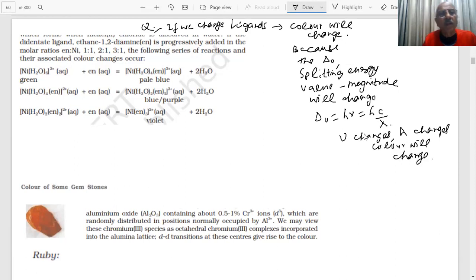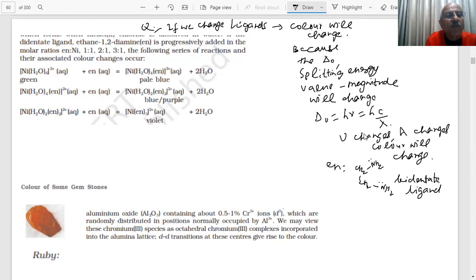Students, here is an example of that. This was asked in the paper. Ethylene diamine is a bidentate ligand. What is en? CH2-NH2, CH2-NH2. You know about it. Bidentate ligand, you are aware of it? When you have the hexaaqua nickel complex, when en is added in 1:1 ratio, then 2:1, then 3:1, what happens?